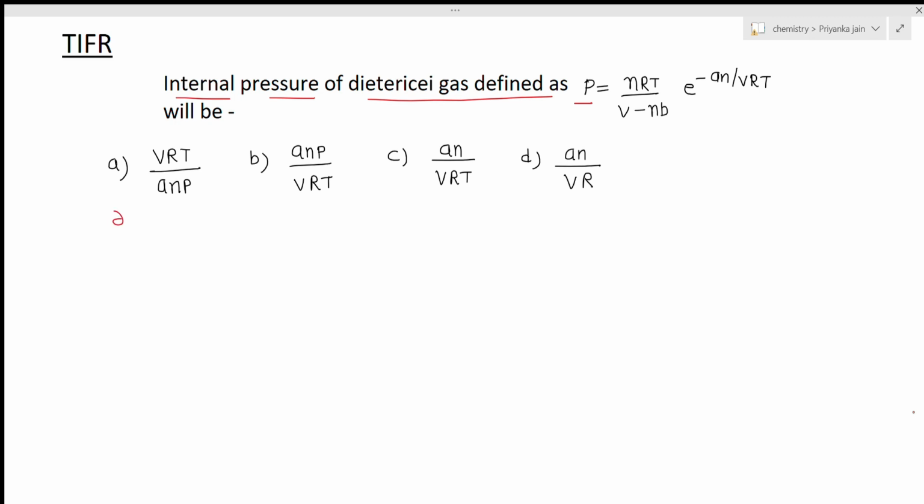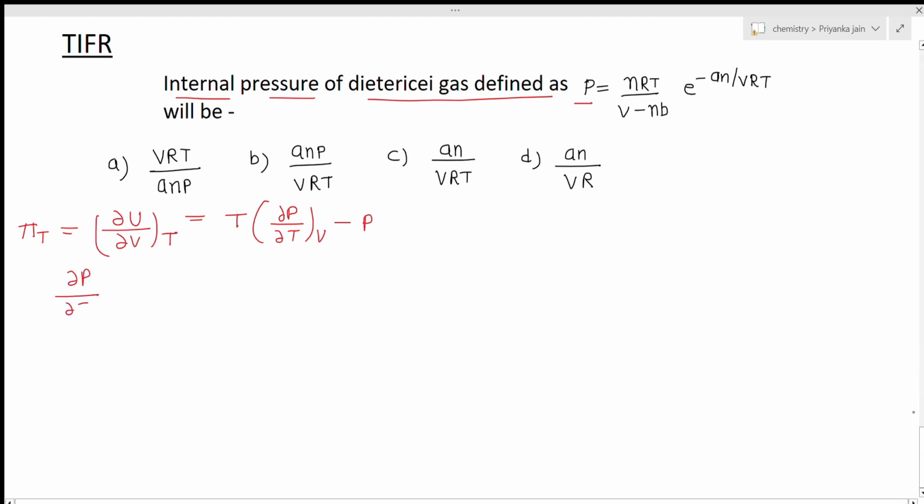Okay, so we know the equation: del U upon del V at constant temperature is equal to T del P upon del T at constant volume minus P. This is called the internal pressure pi T. For this, we will first have to find out del P upon del T at constant volume. And we have been given the value of P.